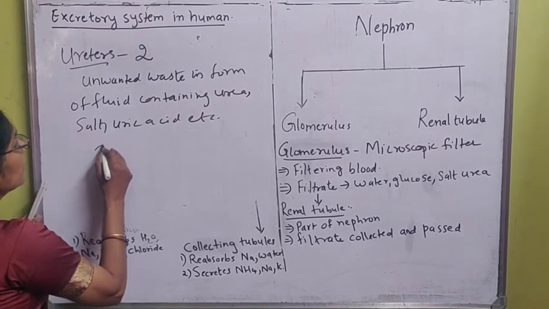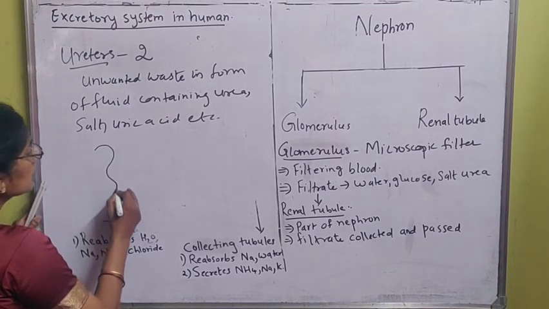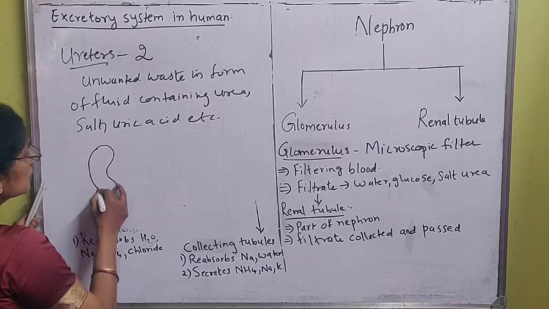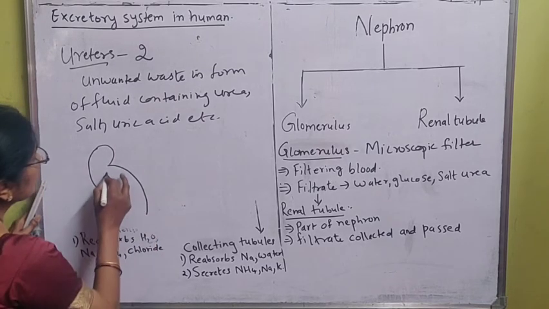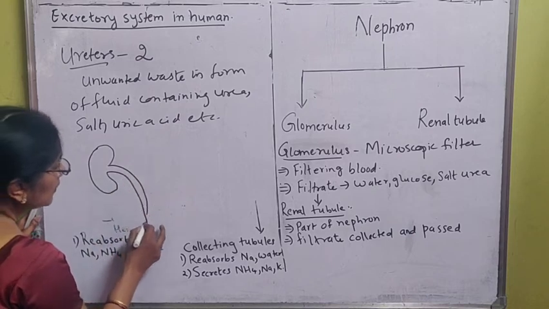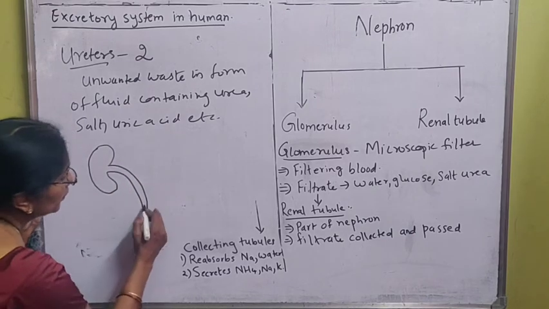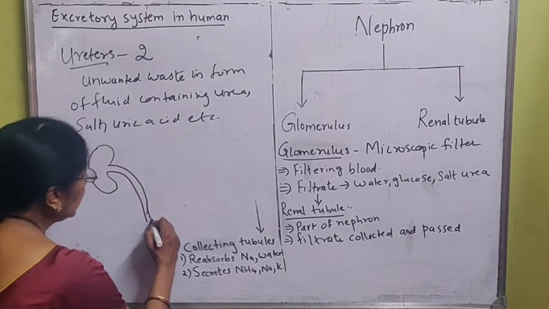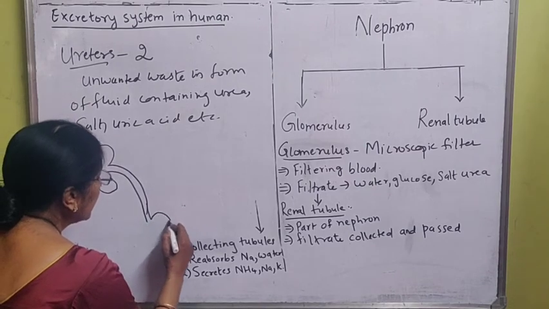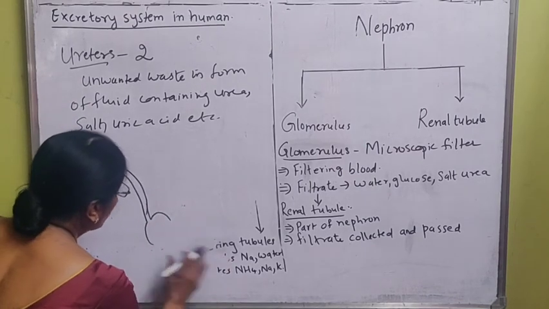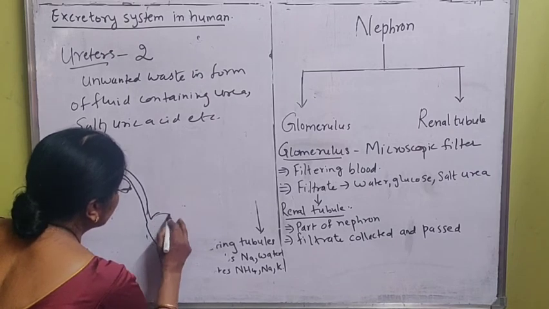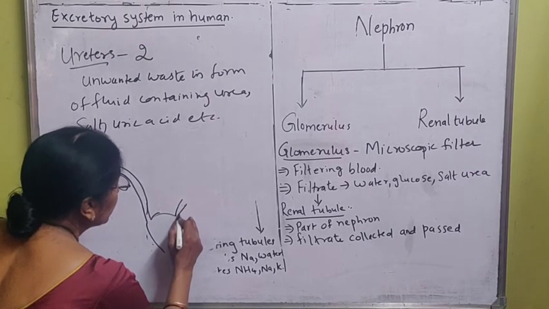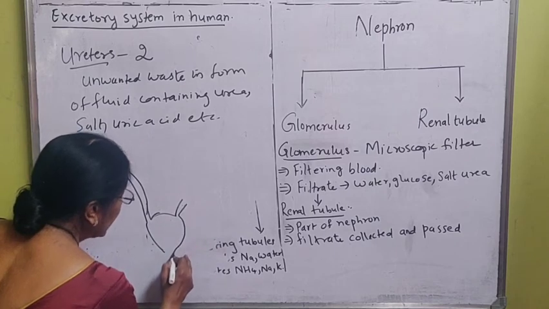This ureter will open up. Suppose I take this as a kidney. From here, like this, this is the ureter. And here you will find a pouch, a bag-like structure. Here is another ureter, and here again a bag-like structure.